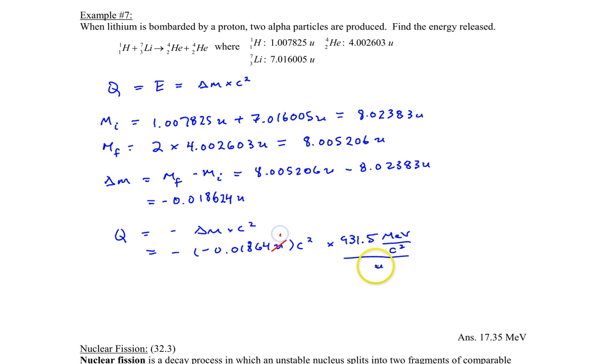So now we've converted our mass to mega electron volts, and then the c squareds will cancel out here, and so we'll get an answer that is in just mega electron volts, and you get an answer of positive 17.35 mega electron volts. And this is a positive Q, which tells us that our reaction is exothermic.